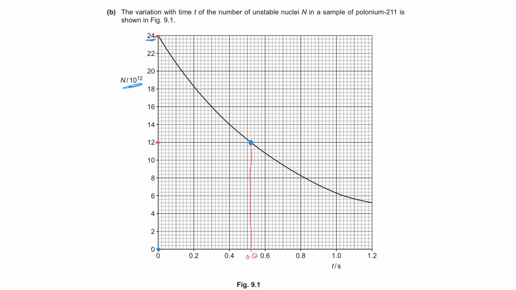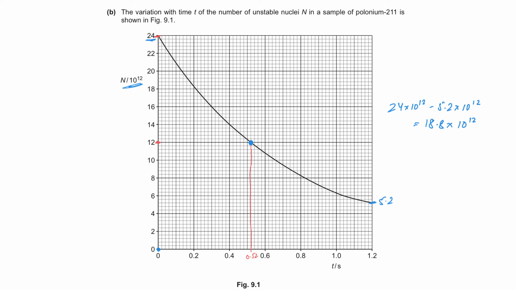At the end, at 1.2 seconds, we are left with 5.2 into 10 raised to the power 12 particles. So if you're left with 5.2 into 10 to the power 12 particles, and we started off with 24 into 10 raised to the power 12, that basically means we now have 18.8 into 10 raised to the power 12 particles of lead at time t is equal to 1.2 seconds.